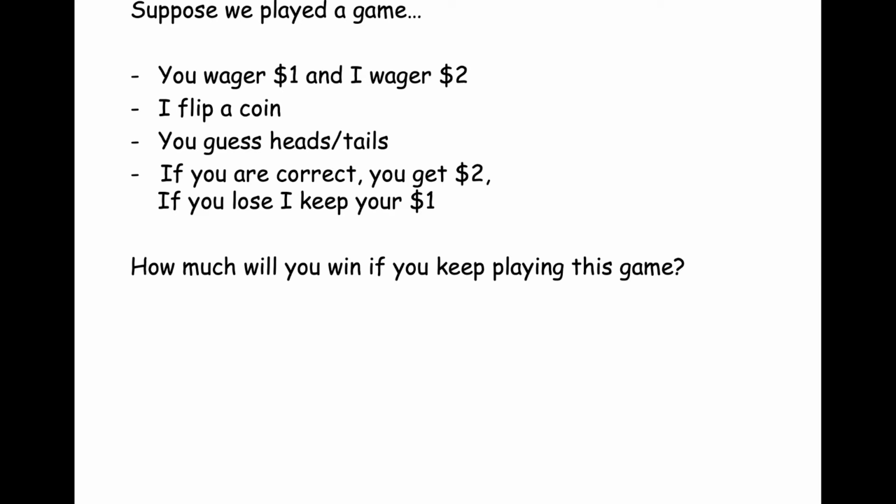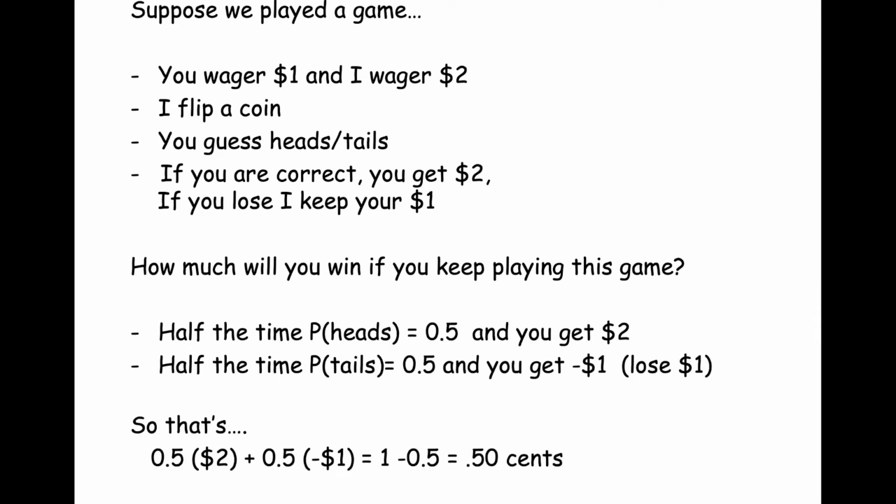So one question one might reasonably want to ask is how much would you win if you were to keep playing this game again and again and again? Well, let's think about this. Half the time we get a heads, so probability of heads is 0.5, 50%. So half the time you get $2. The other half of the time, probability of tails is 0.5, that's 50%. You get negative $1, meaning you lose $1.